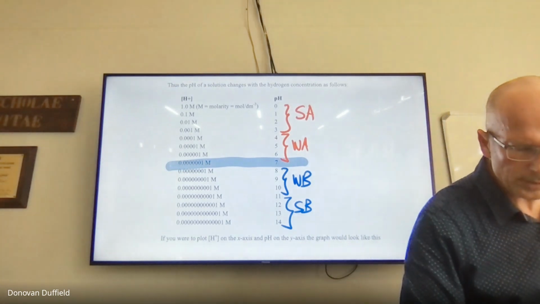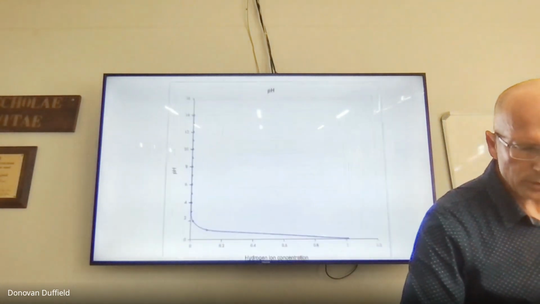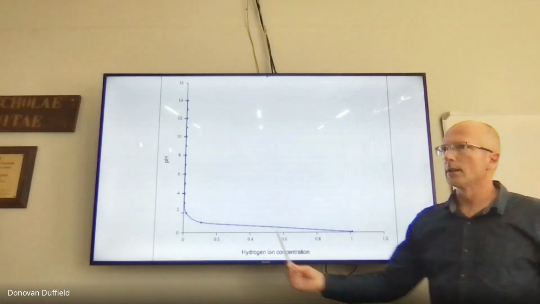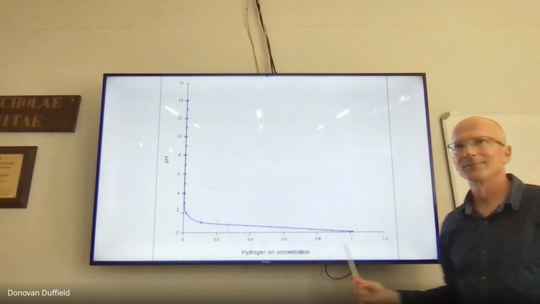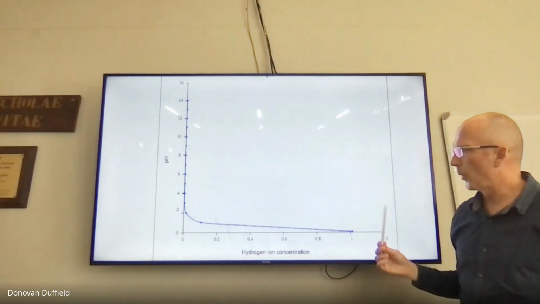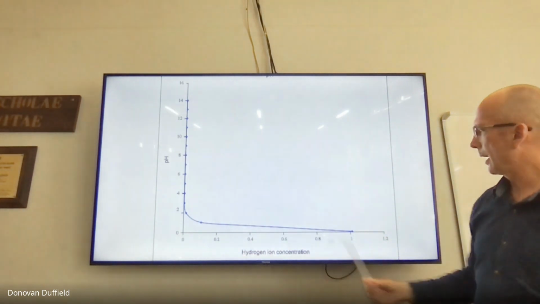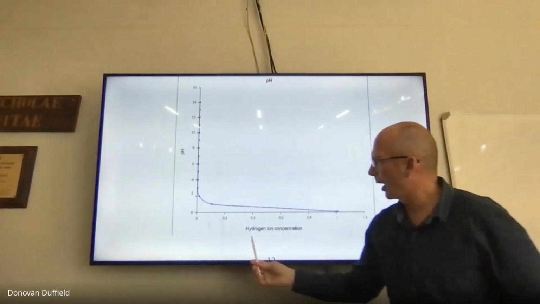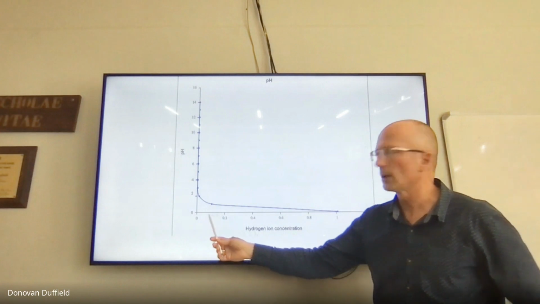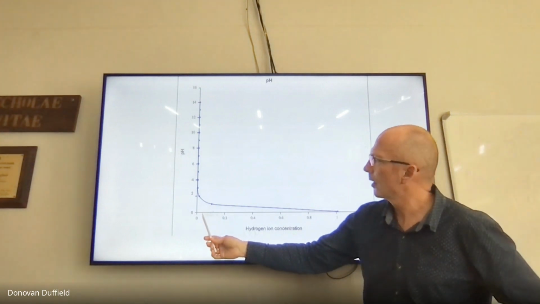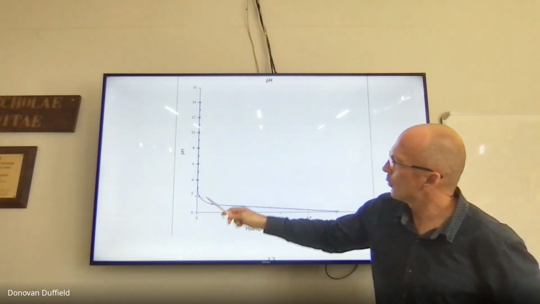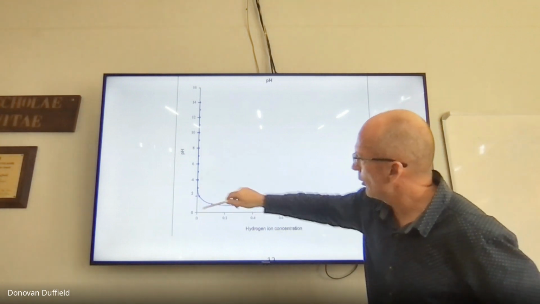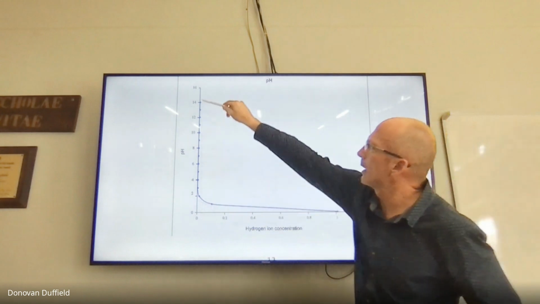The reason it switches around is because if you draw the log graph, this is how it looks. When you have a very low hydrogen ion concentration, in other words, it's basic, your pH is high. So when your acidity is low, your pH is high.